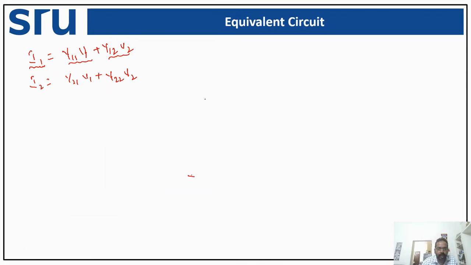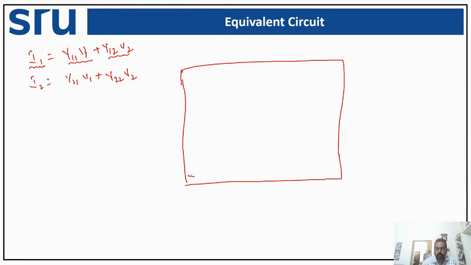Here we have a two-port network, out of which we draw the four terminals. We are exciting the ports with voltage sources, so V1, and we have V2 here.